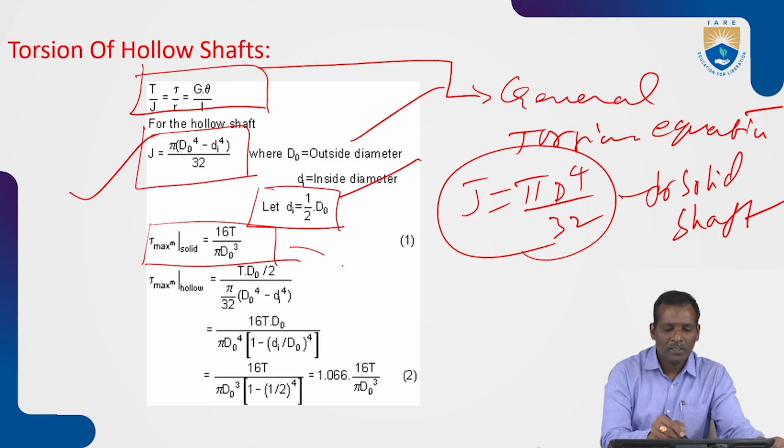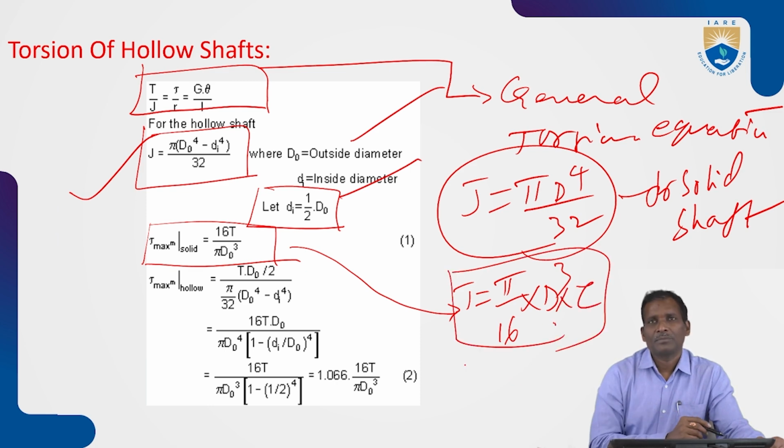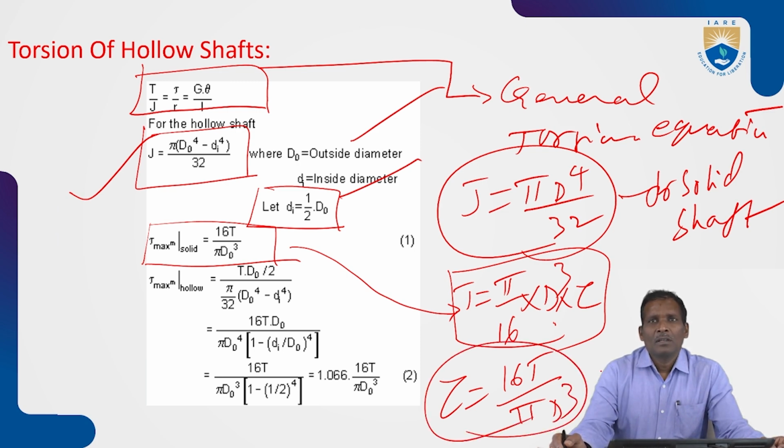So actually T is equal to pi by 16 into d cube into tau. So from this equation you can write the shear stress is equal to 16T by pi d cube. Clear? d is the outside diameter.